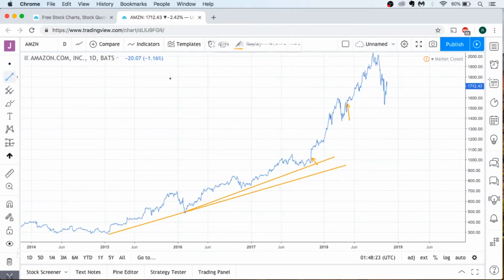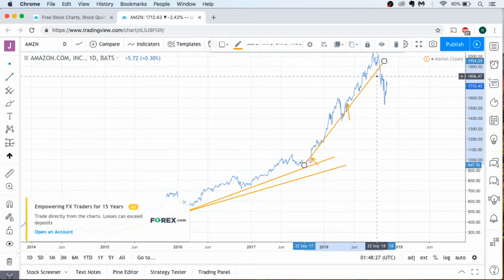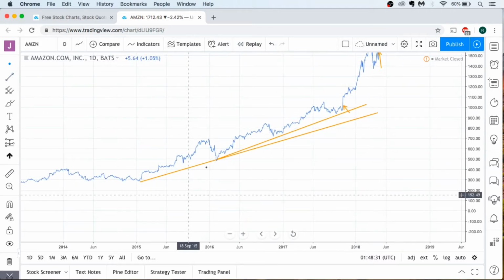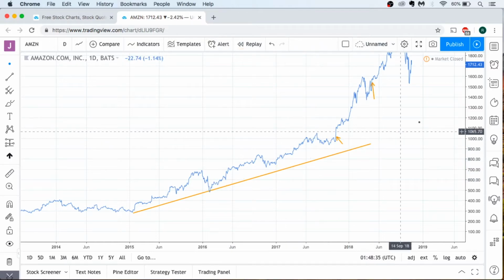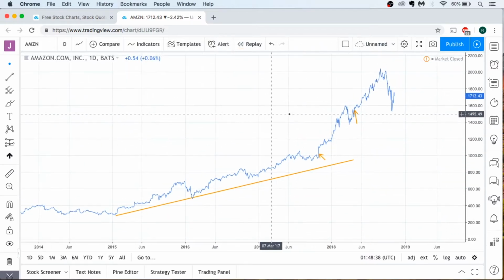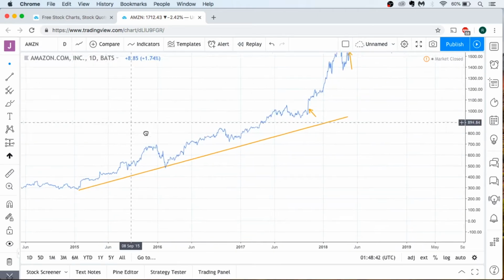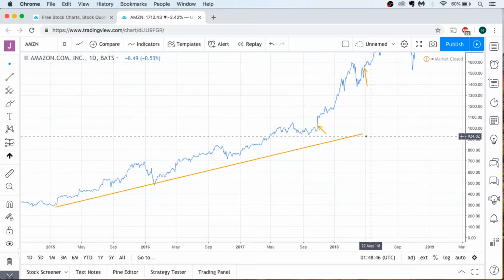If you don't know what that is, hopefully I'll have another video talking about it, but that's not what we're looking at here. Fan lines don't have anything to do with the overall trend. They're just acting as support and resistance test points. So in this case, we found our trend. Ignore these arrows, but we found our trend.